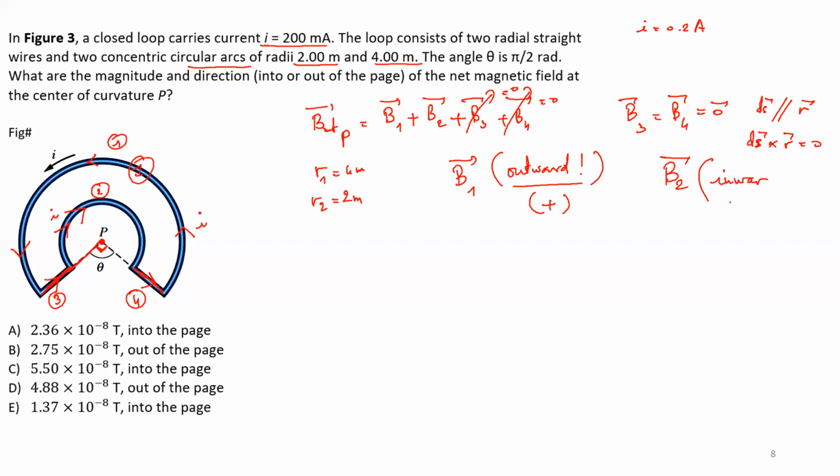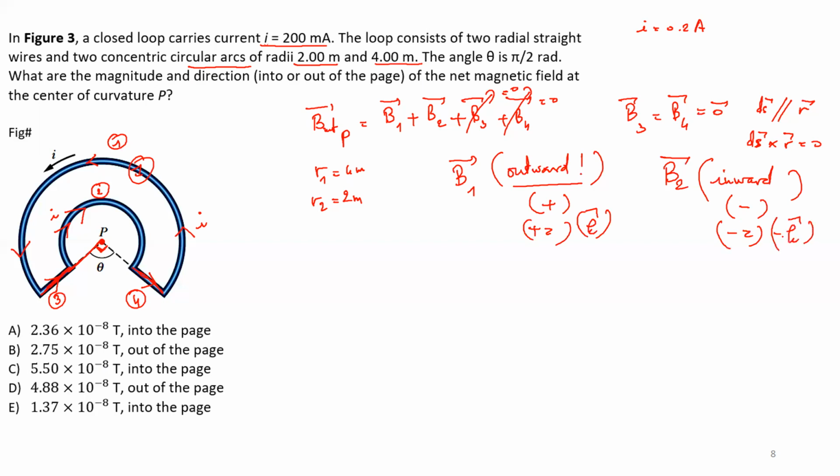So I will take it as negative, because out of the page corresponds to plus Z, plus k hat direction. Inside is minus Z direction, negative Z direction, minus k hat direction.